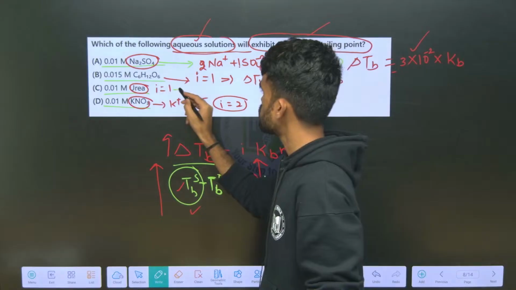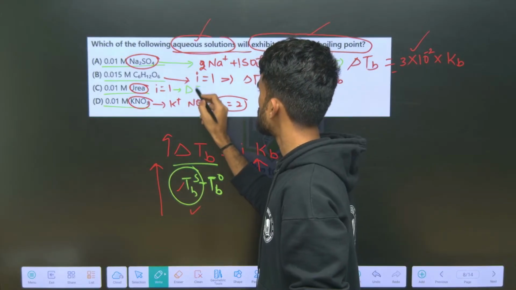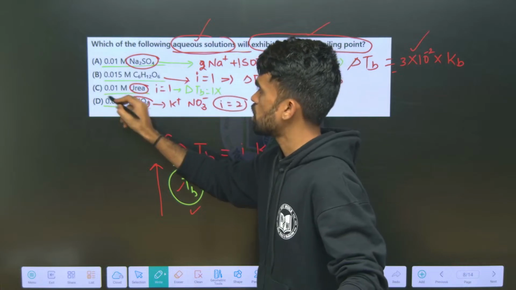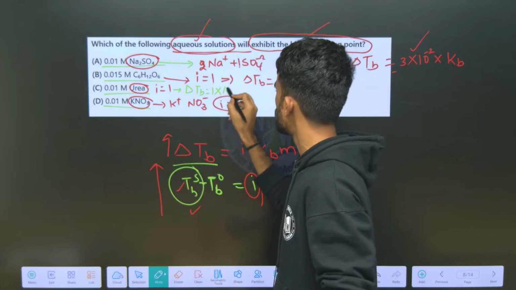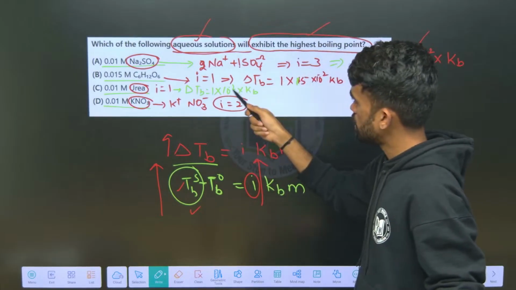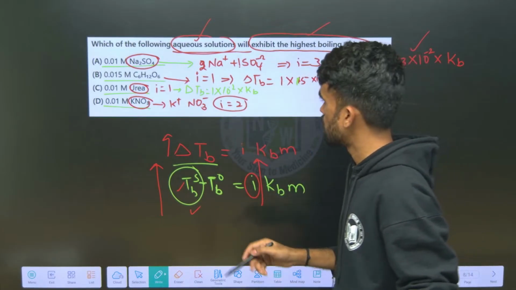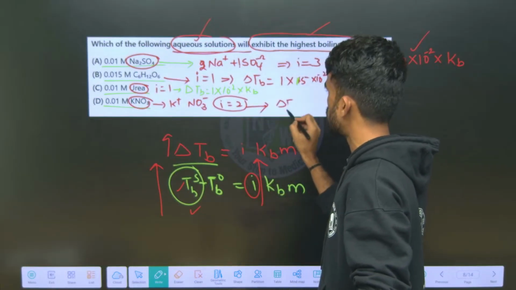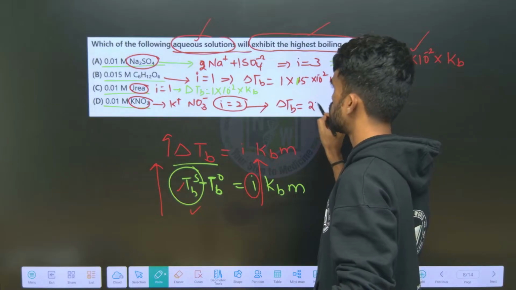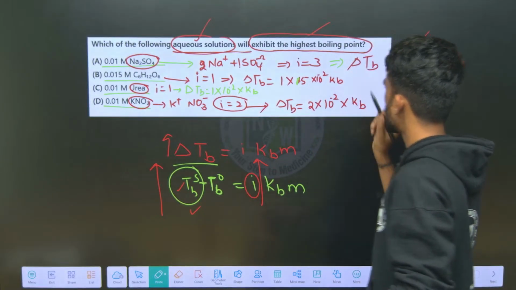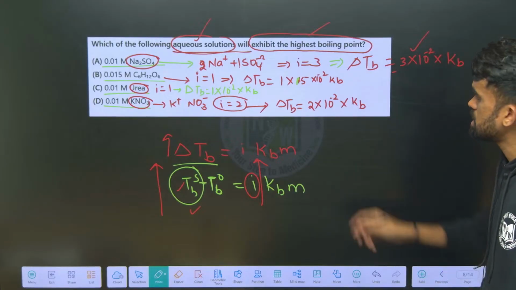For this one, delta Tb equals the i value I told you as 1 and its concentration is 10 power minus 2 multiplied with Kb. For urea the delta Tb value is lesser. For these, delta Tb equals i value 2, concentration 10 power minus 2 into Kb. Now look at which has the highest value.